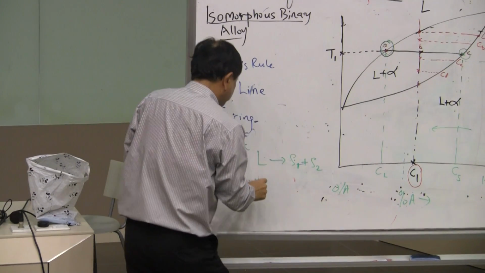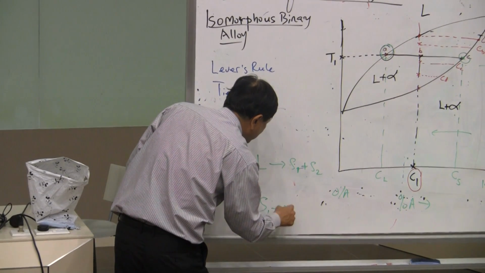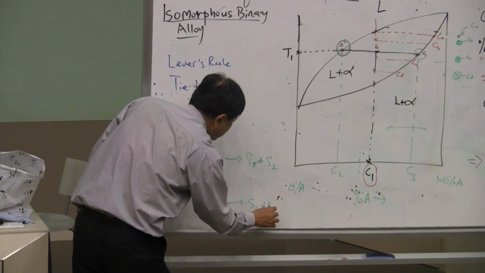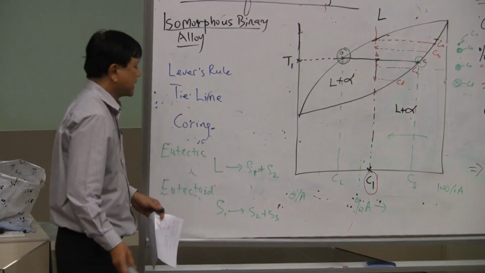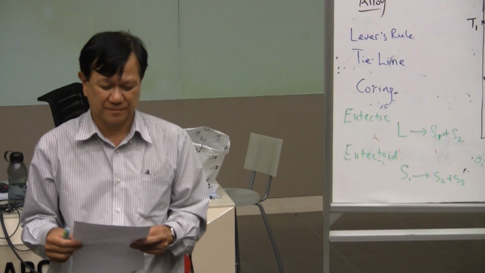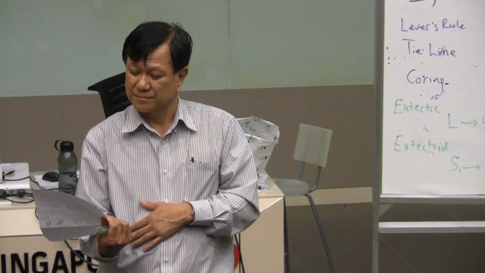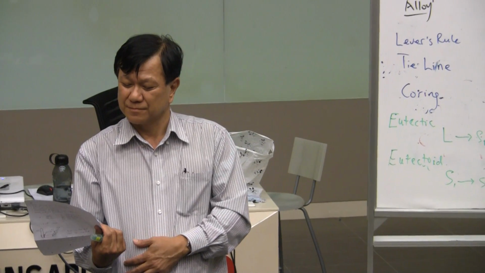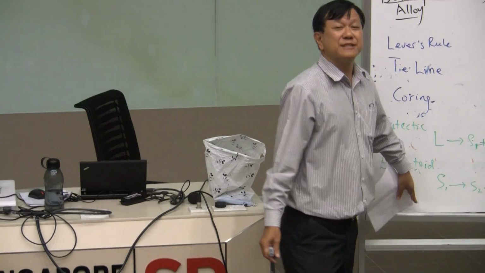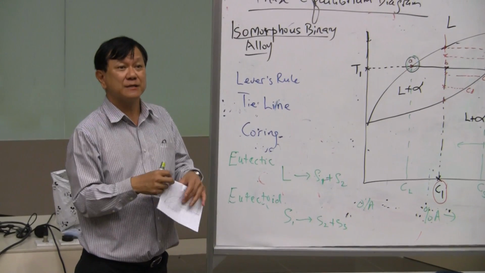Eutectoid is where one solid will actually break up into two different types of solids, S2, S3. So this reaction is actually how you get your pearlite when you do heat treatment.